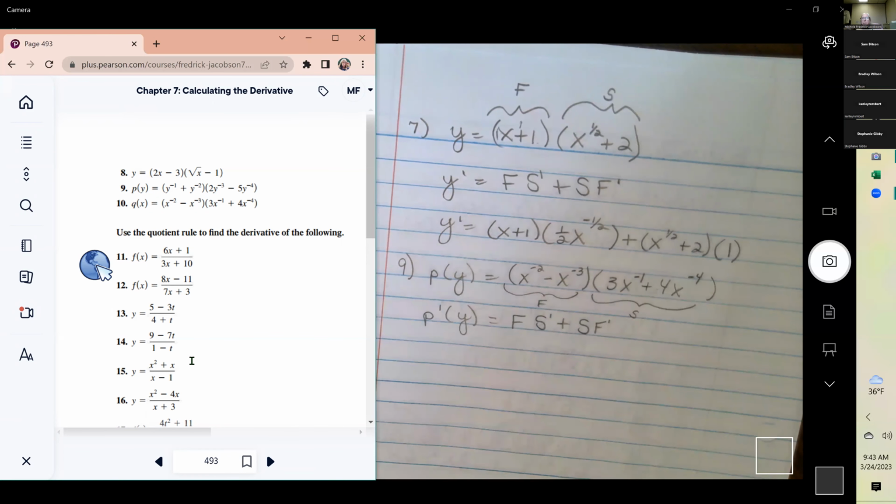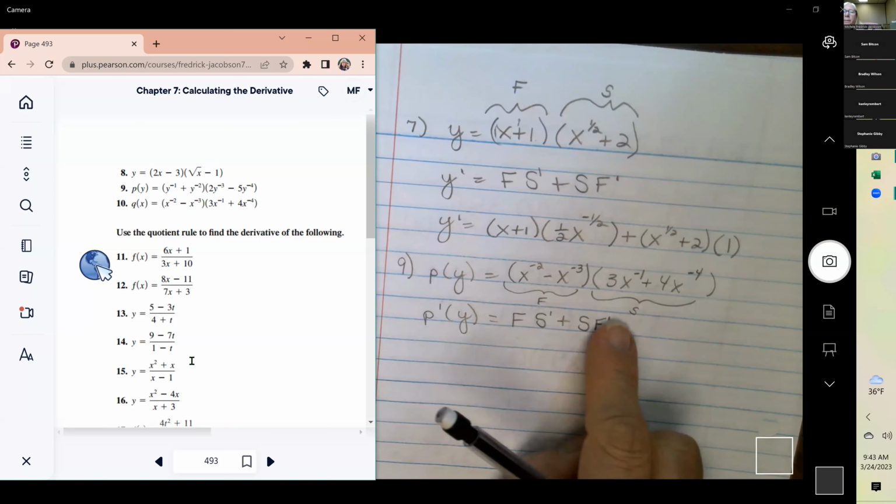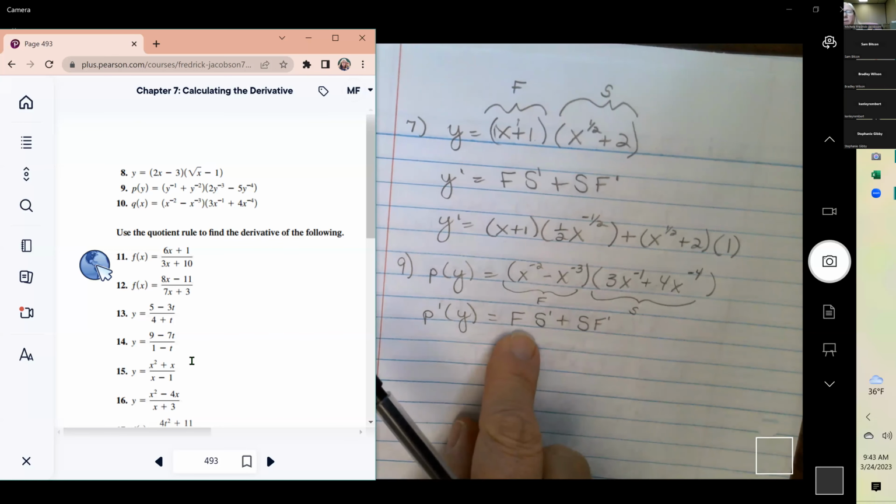Now, the nice thing is if you forget, do I take the derivative of the first one first or the second one first? It doesn't matter because you're adding them. Order doesn't matter. So this one could have been done first and then this one. It's the same thing.